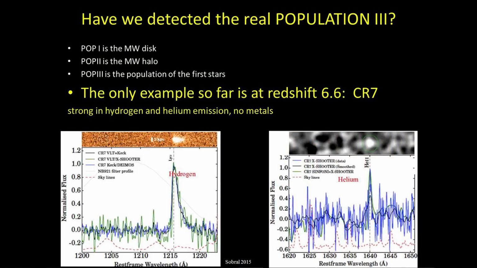You just see this blob on the sky, and one finds this incredibly strong hydrogen line. But what's equally dramatic is the strong helium line. All this other stuff is noise, essentially nothing else. And this is thought to be the signature of so-called population 3, the first stars in the universe. So we're seeing a galaxy's worth of them dominated by these stars. It has yet to be confirmed. We've only one example so far, but it's a very exciting development that maybe we don't just have the fossils, but we have more than that.